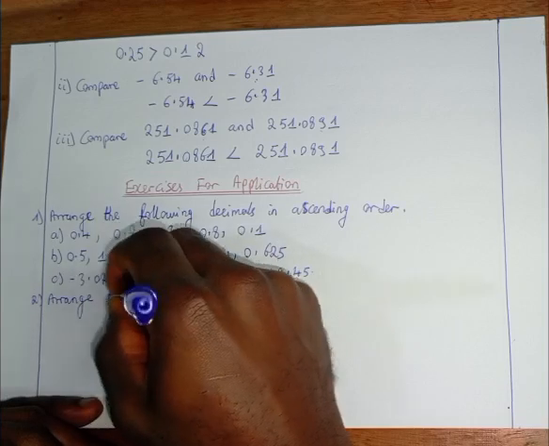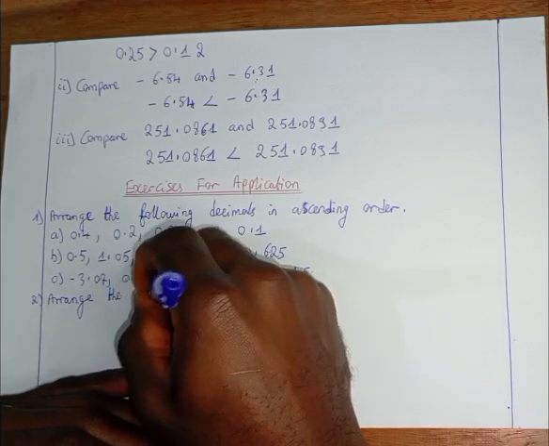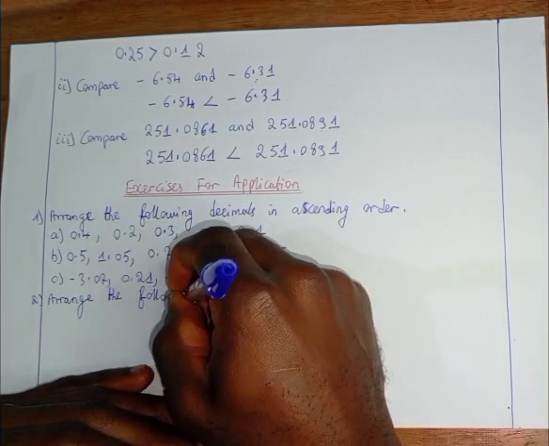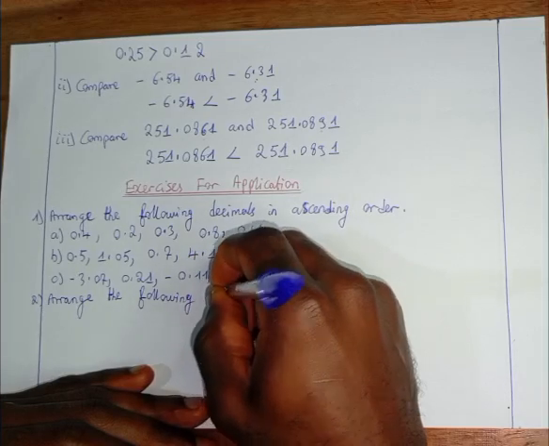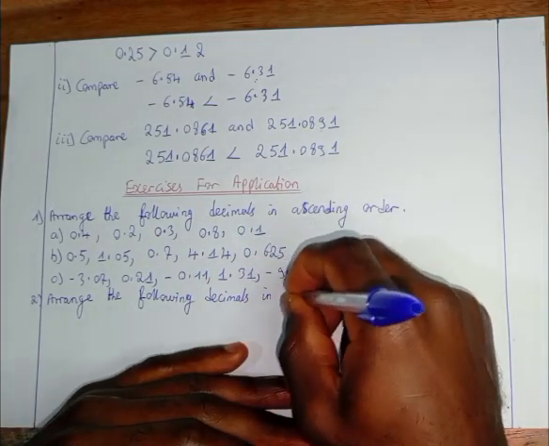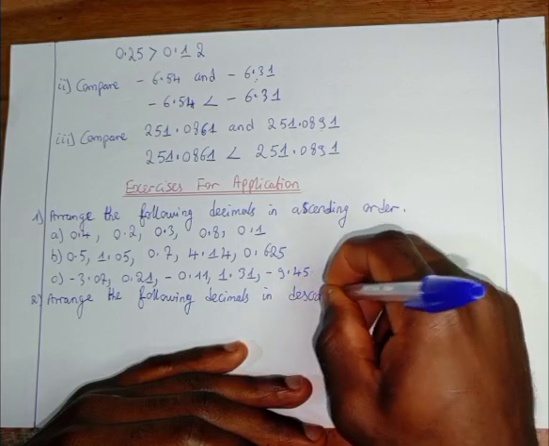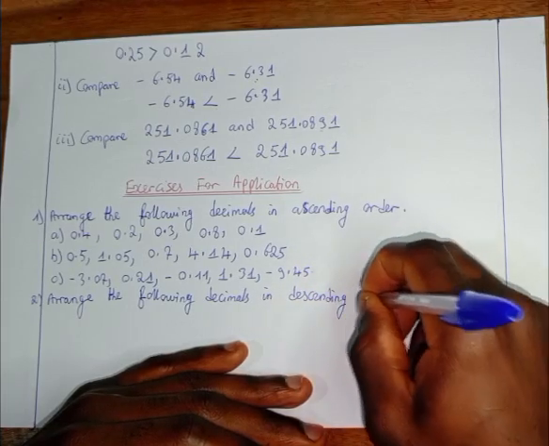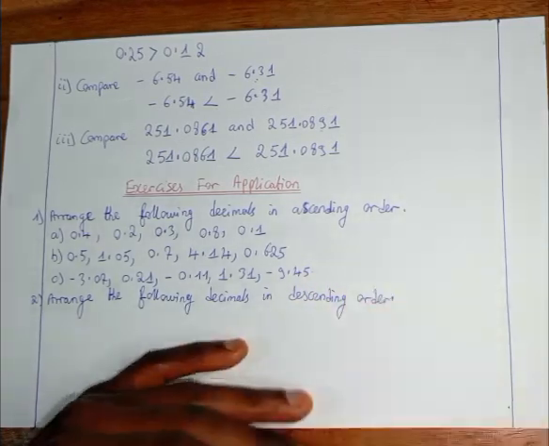Question 2 says arrange the following decimals in descending order. Descending, that means from the biggest to the smallest.